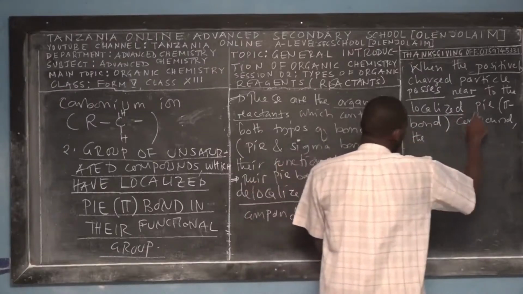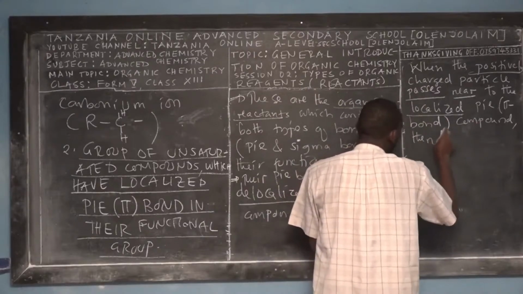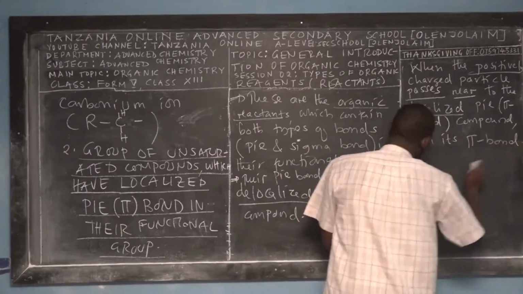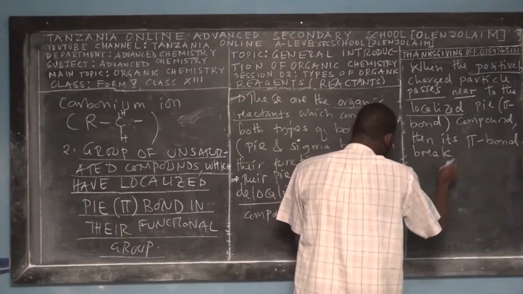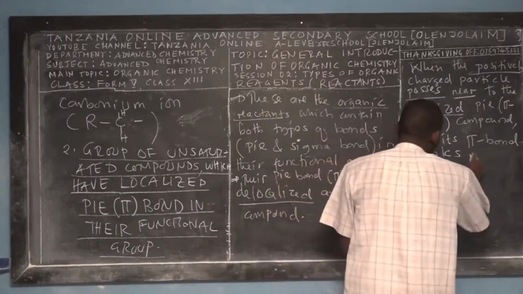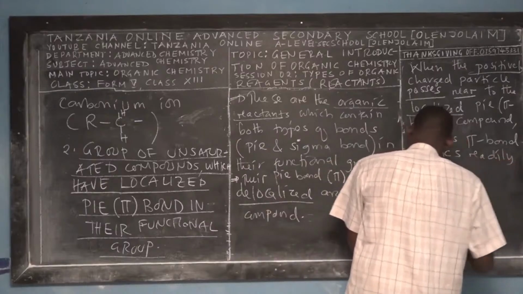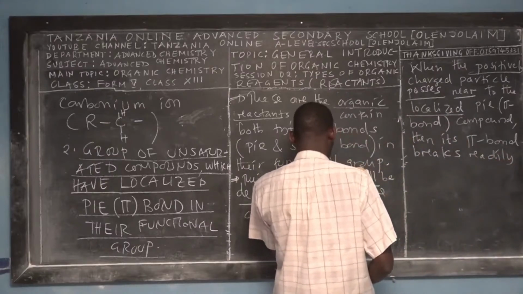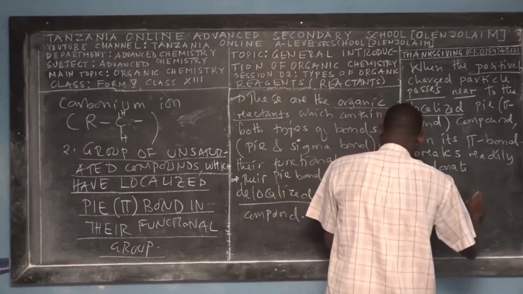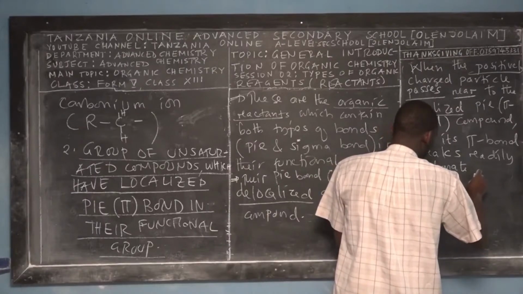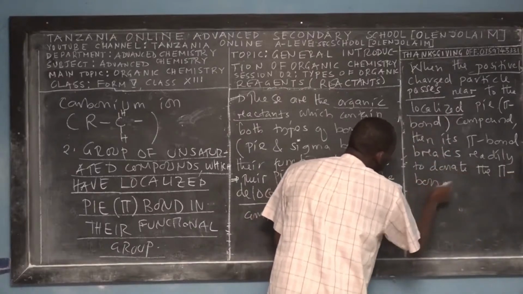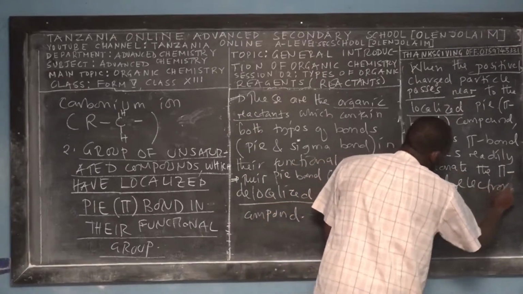So the positively charged particle passes near to the localized pi bond, and then the pi bond breaks readily to donate the pi bond electrons.